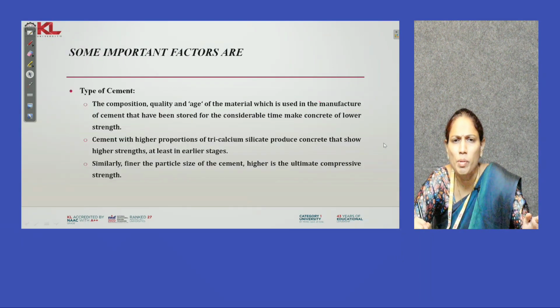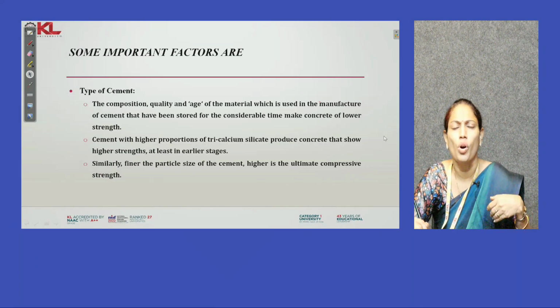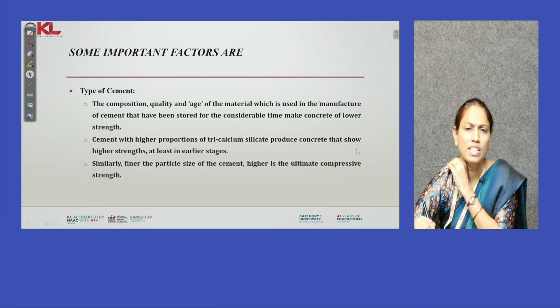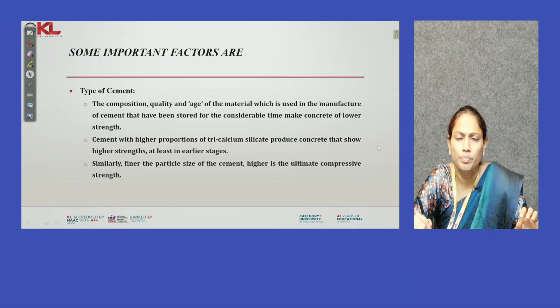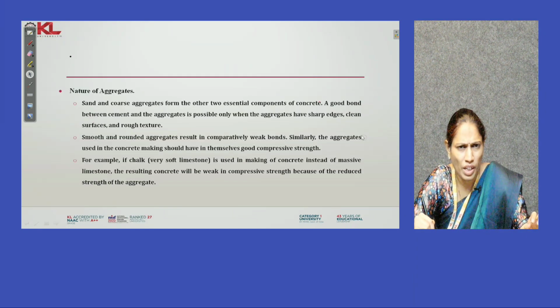Some important factors are the types of cement. Which type, the aging of the cement, like tricalcium content being more, or particle size being different, whether high strength or ordinary Portland cement is taken, and setting time has to be reduced. So based on the type of cement, the strength will be dependent.